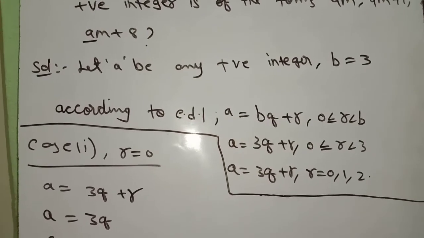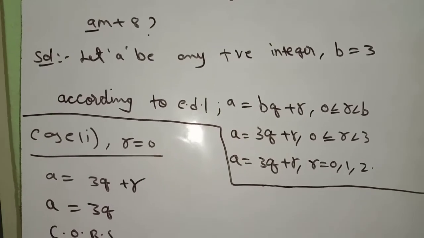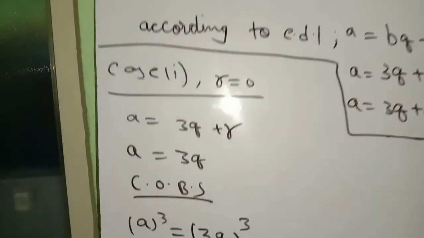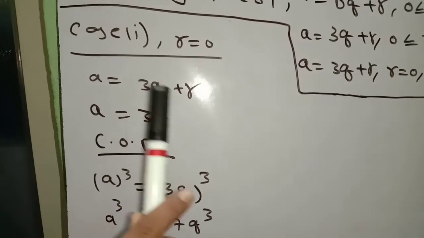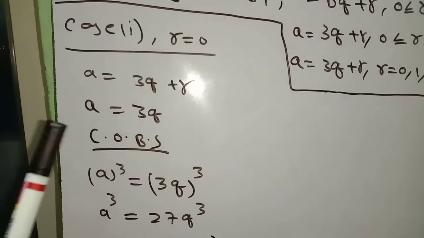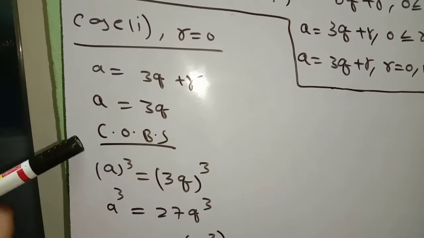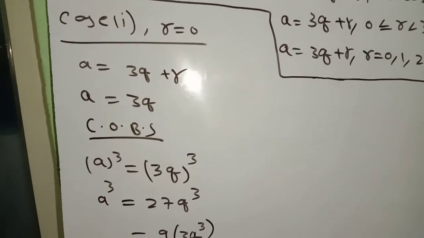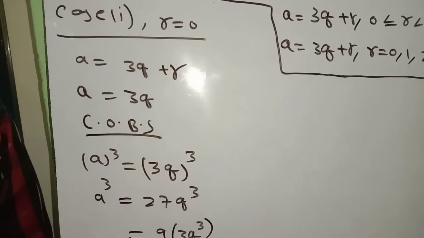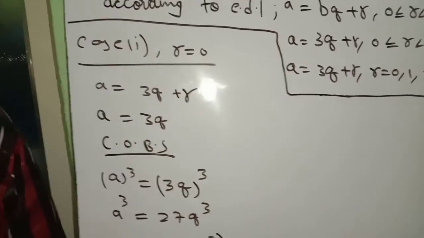So friends, again there are totally 3 cases. Let's see the first case. Case 1: r is equal to 0. So a is equal to 3q plus r, and r is 0, so a is equal to 3q. Cube on both sides: a cube is equal to 3q whole cube, so a cube is equal to 27q cube.